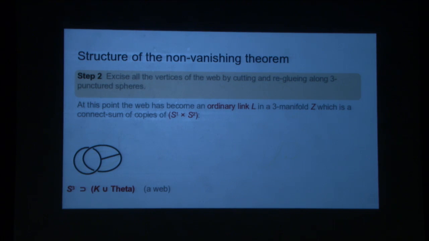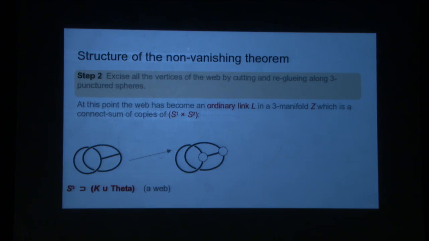So here's S3, or perhaps R3, and it contains this embedded web, either K or perhaps K together with a theta graph somewhere in the distance. We're going to remove a 3-ball from around each vertex by cutting along a 2-sphere. In my picture, it looks like there's a circle, a 1-sphere, but it's a 3-dimensional picture. Those are supposed to be 2-spheres meeting the web in 3 points each, where the edges come in incident to the vertices.